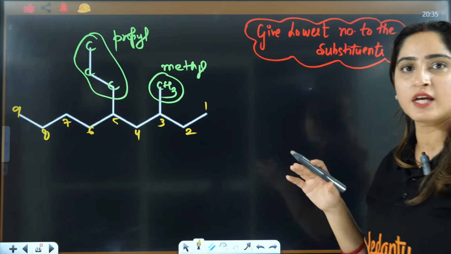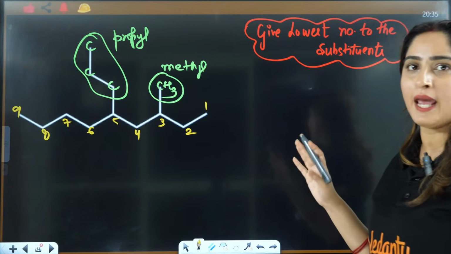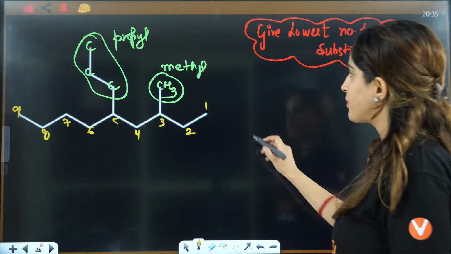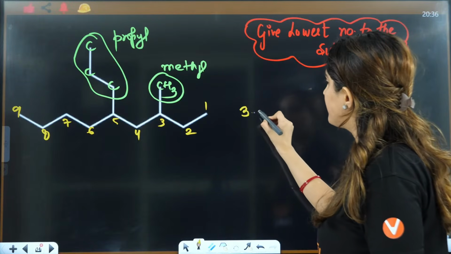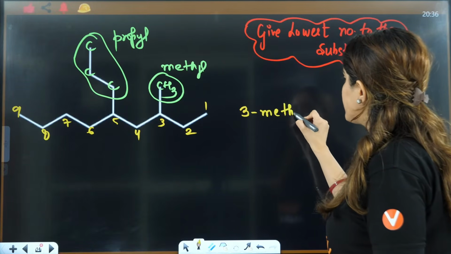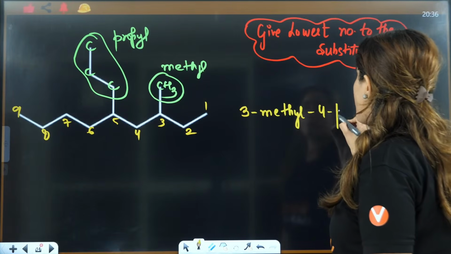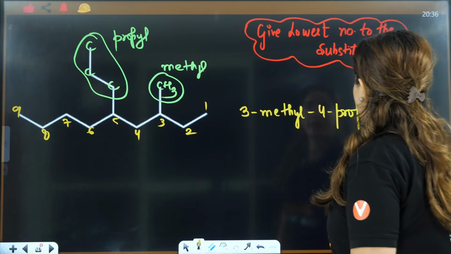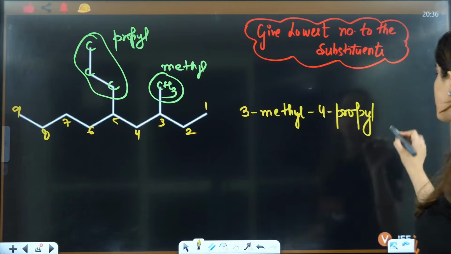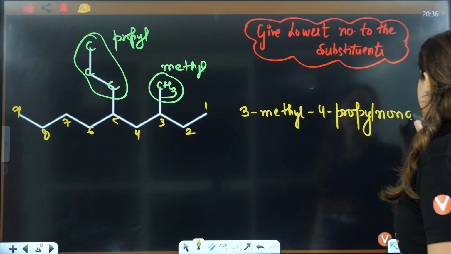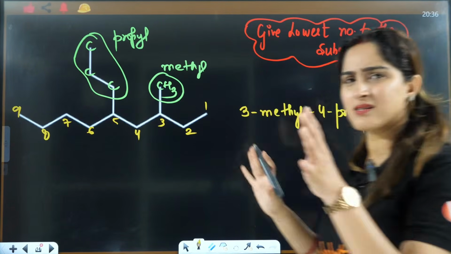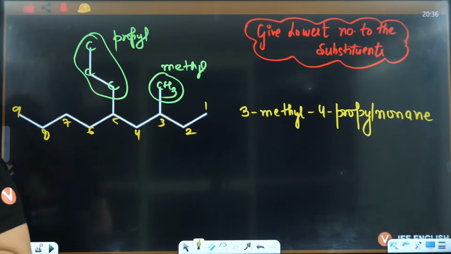A, B, C, D, F, G, H, M, N, O, P, Q. M is before that. So it will be 3-methyl, then 4-propyl. Now you have 9 carbons here, so it will be nonane, because it's a simple alkane here.